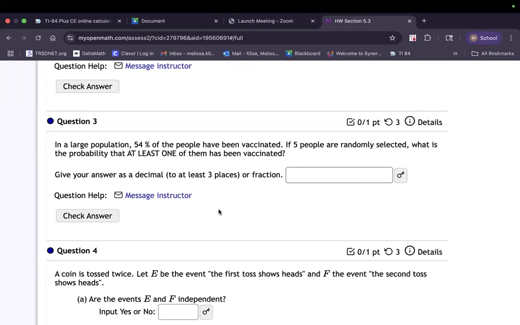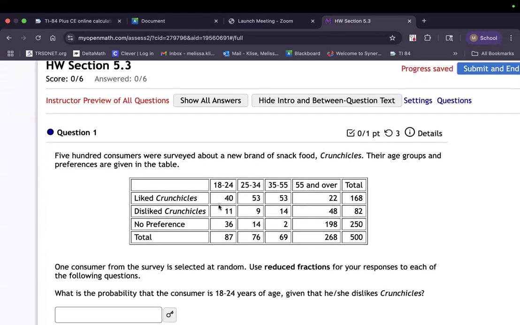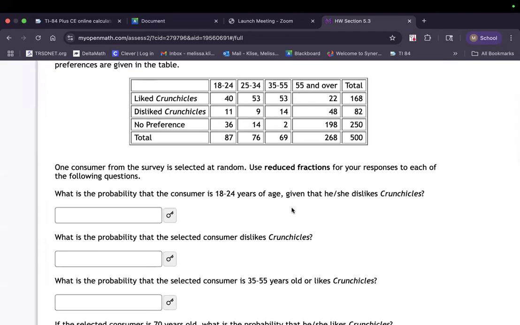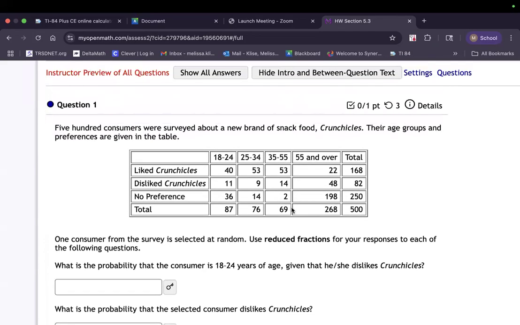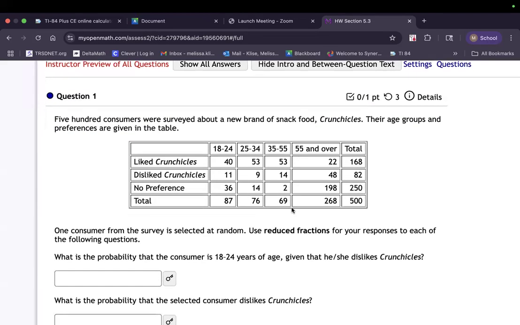I want to go up to Crunchicles. These are going to be a little bit different. You're going to be creating fractions, and these are non-independent things, so you need to just grab the numbers from the table.